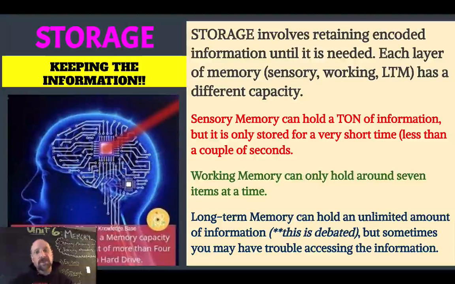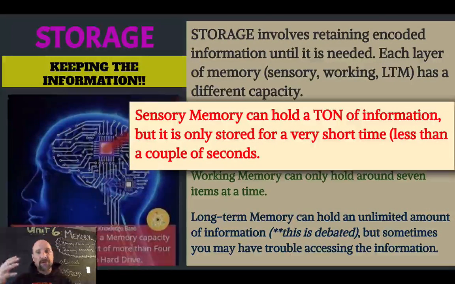It's a little different when we talk about the first two layers. Sensory memory, like your vision and your hearing especially, we're going to talk about iconic and echoic memory in the next video, holds a ton of information. Like I'm looking and seeing a bunch of things, and I can move around, and there's a lot of information out here I can take in. The problem with sensory memory is it's gone in a flash, right?